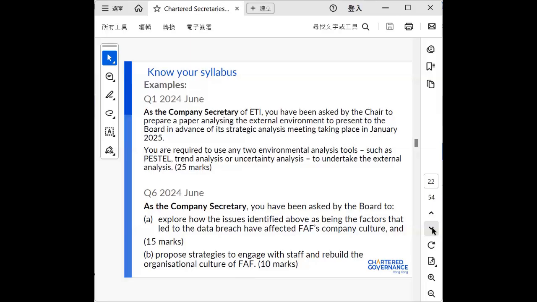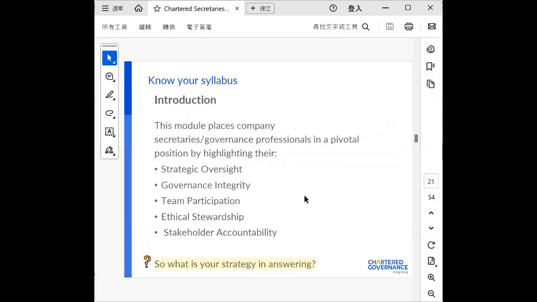So what we say in here is that the module places the company secretary in a pivotal position because they have to ensure that the strategy aligns with the company's purpose and risk appetite. So they are the ones overseeing. They may not be the one who develops the strategy, or they take part in the development of the strategy, but they have to ensure that the strategy aligns with the company's purpose and risk appetite.